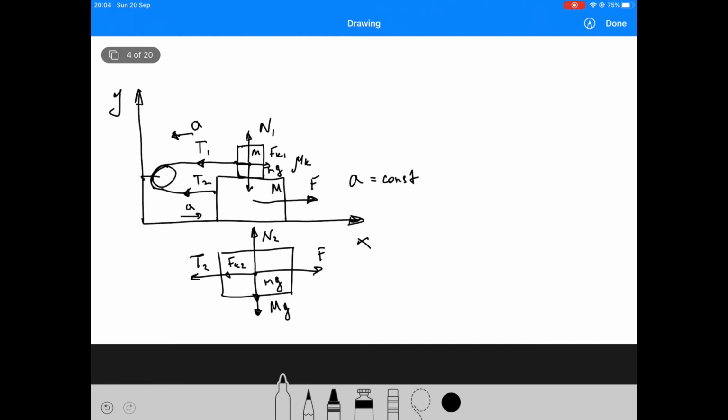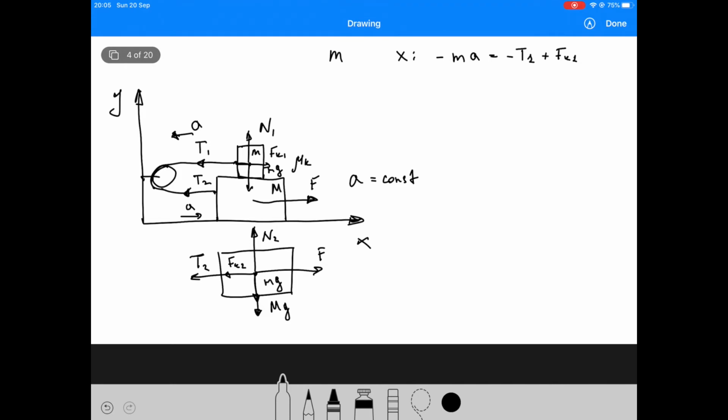So let us consider projections of all these forces on Y and X axis. So for our body, for the top body, small one, we have projection on axis X: minus ma is equal to minus T1 plus F kinetic friction 1.